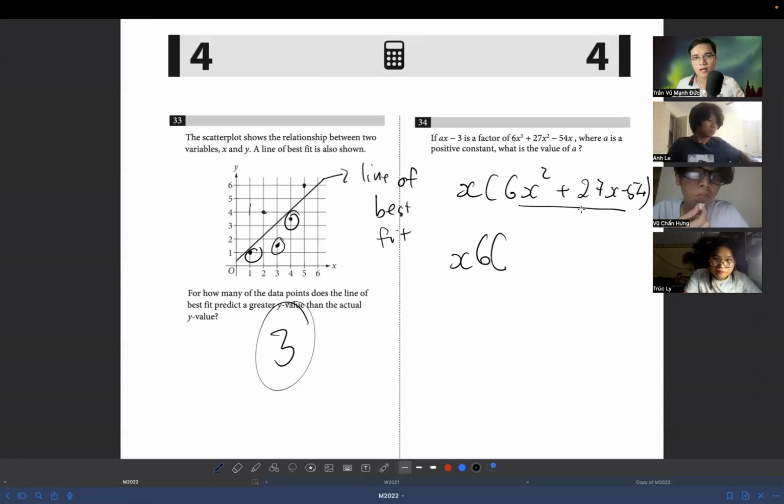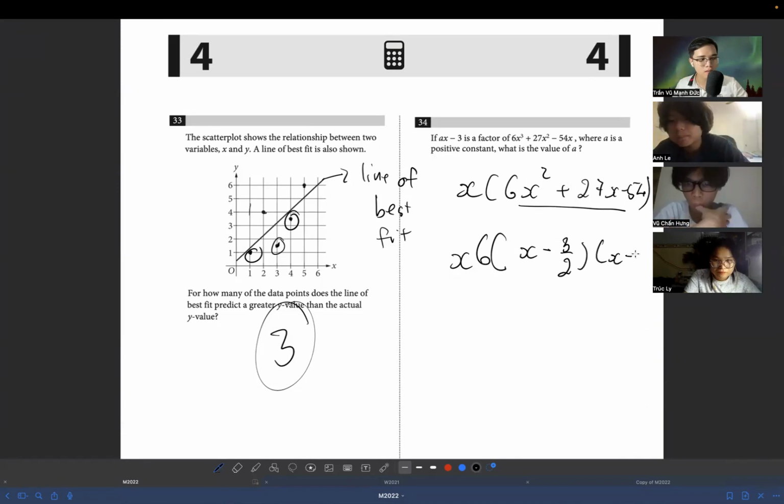And you're going to have to calculate the inner part in here, the quadratic equation. 6, 27, minus 54. It is 3/2 and minus 6. x minus 3/2 and x minus 6, so it's x plus 6.